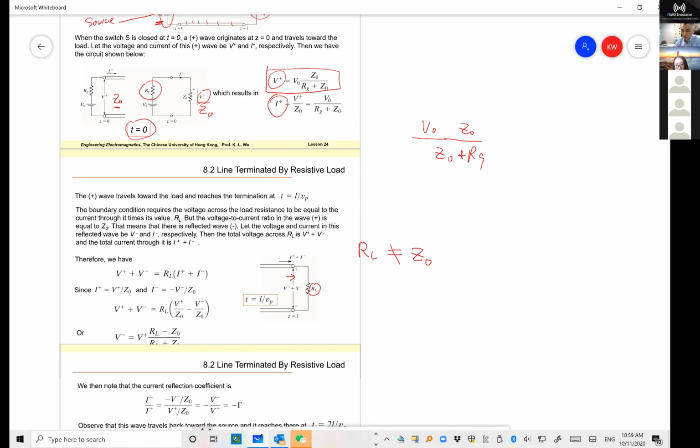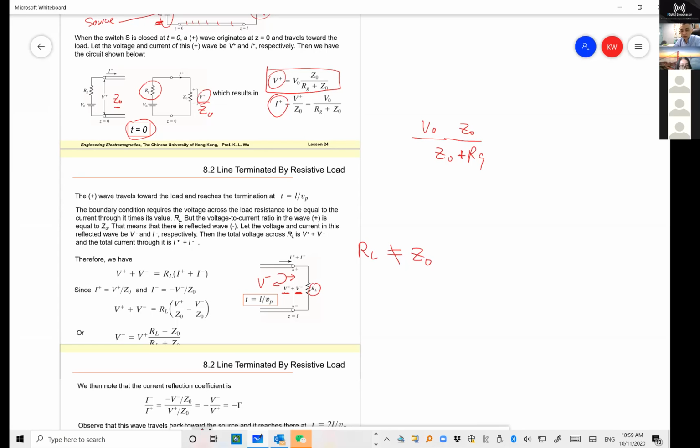Because the voltage right now is a wave, what will happen is we induce a reflection of this voltage. So the total voltage across the terminal will be equal to the incident voltage plus the reflected voltage.